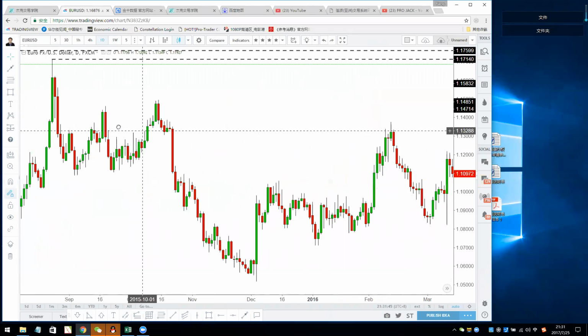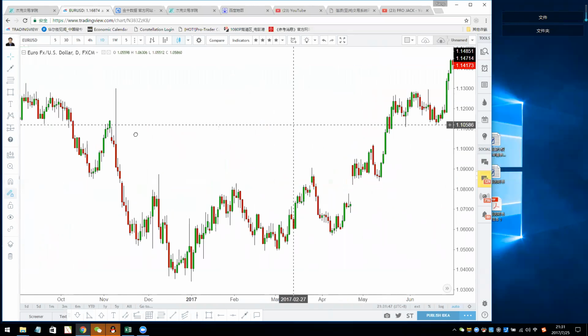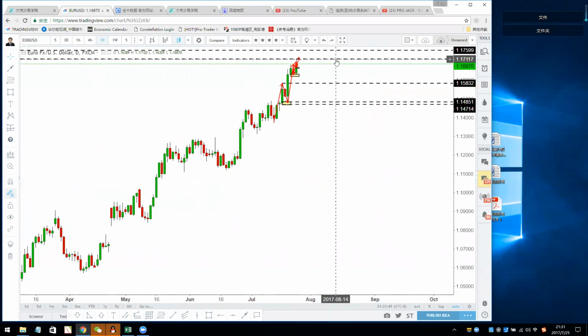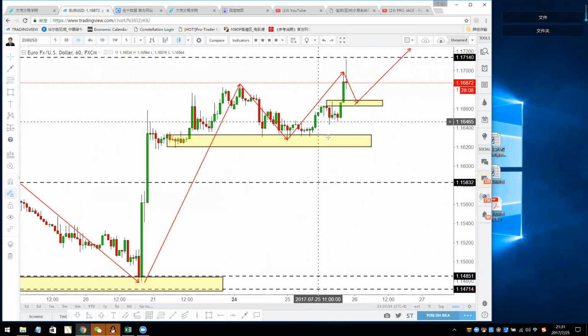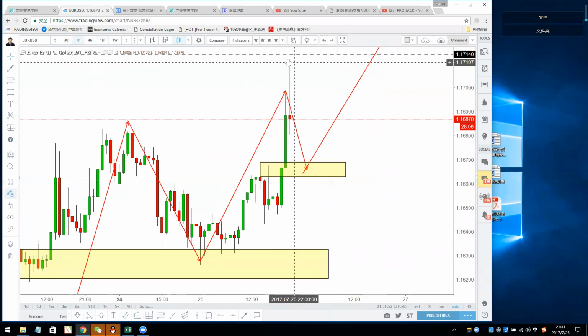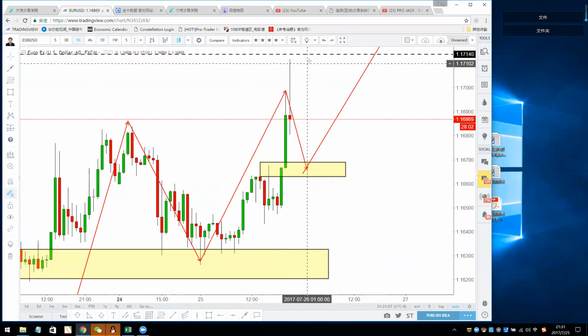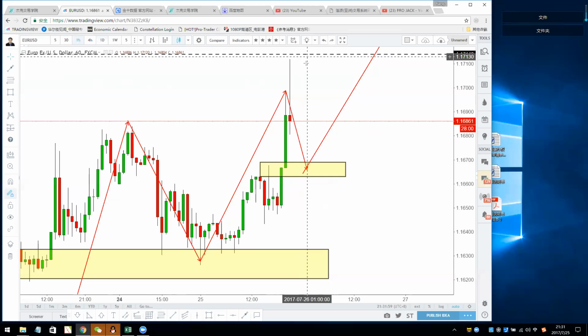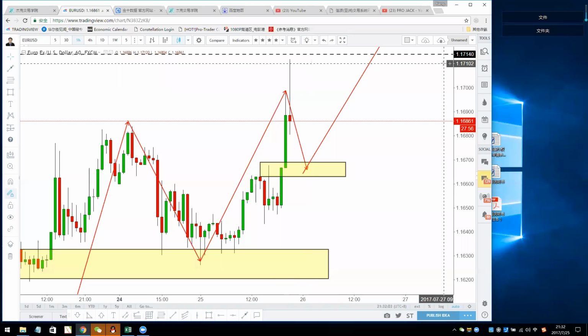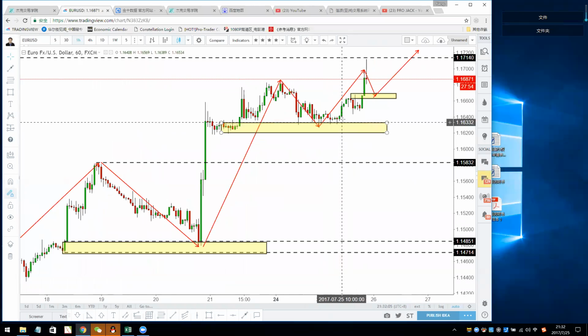So the euro is approaching a very strong resistance area, and in the 1 hour chart we can see some kind of reaction already, right? A very long pin bar tested 1.171.